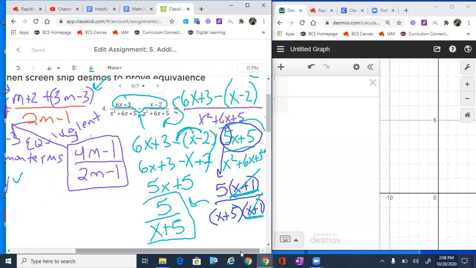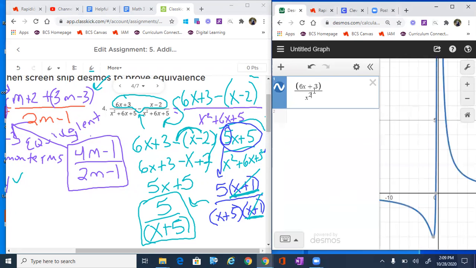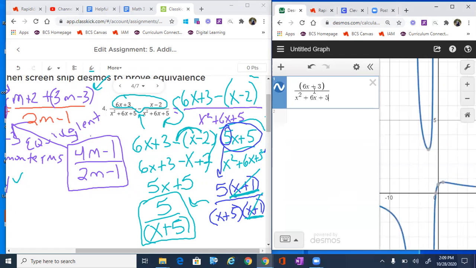Remember, those two 5s cannot cancel because x plus 5 is an entire value. Now, we are going to go to Desmos. We're going to plug this in and check our work because that's what we do. 6x plus 3 divided by x squared plus 6x plus 5.